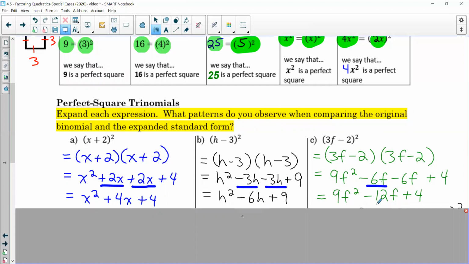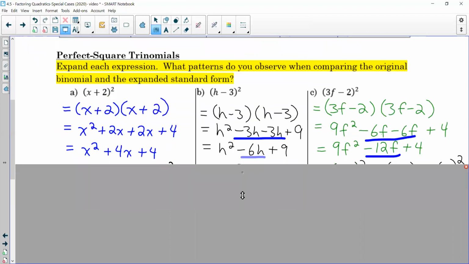So there's another pattern. Not only do we have perfect squares at the beginning and the end of the trinomial, but the middle part comes from a doubling of something else. Again, the middle part comes from a doubling, 2 of the same terms. And that's exactly the pattern we're going to be looking for.